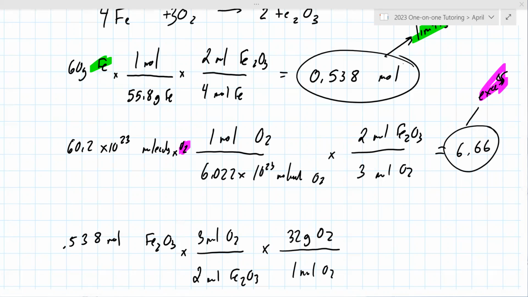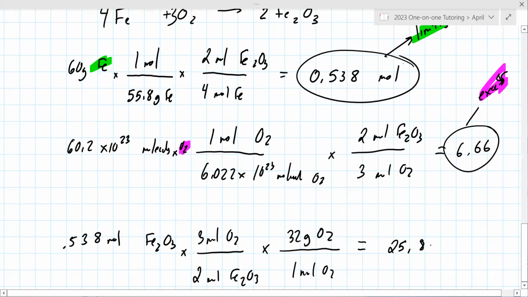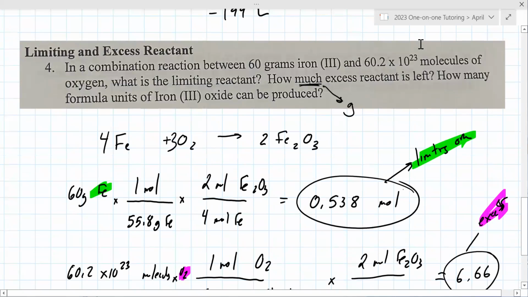There might be a faster way if you're a chemistry ninja, black belt, not me. I'm pretty weak here, but we know that we need 24.82 grams of O2. Now this problem is further challenged because we don't actually know how many grams we started with. So we have to use this molecules information to figure out how many grams of oxygen we started with.